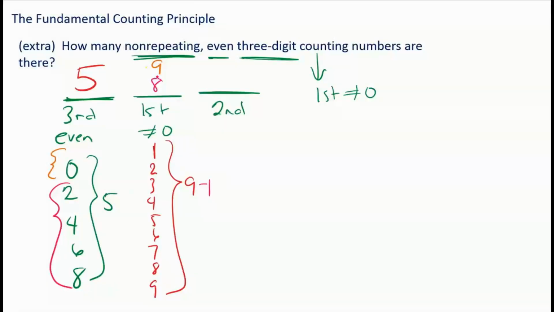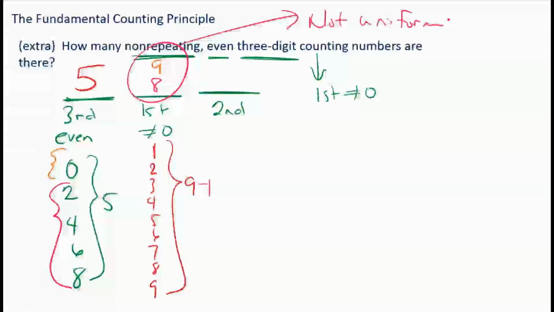Now here's the problem. That's not uniform. And whenever you have a situation that's not uniform, you can't use the multiplication principle. There are ways you can break it down into 2 or more separate calculations to handle the issue, but all we know right now is the multiplication principle. Since this is not uniform, right now we can't calculate this.